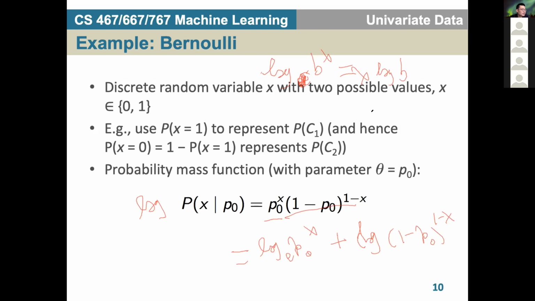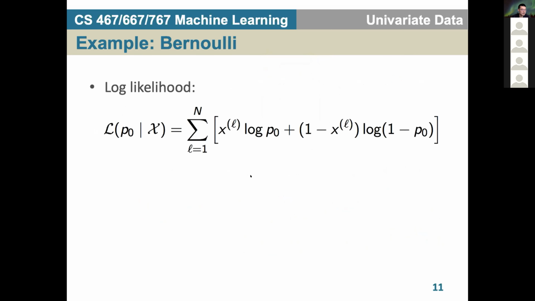So the exponent x can be moved to the front. You should know this from studying logs maybe in high school. Similarly, 1 minus x can also go in front. This gives us the next page.